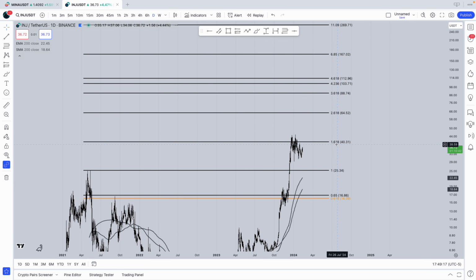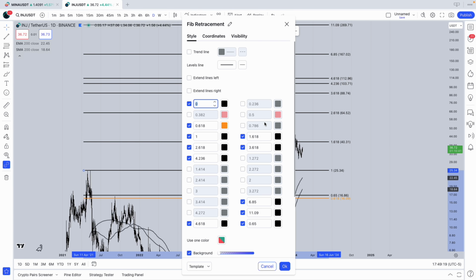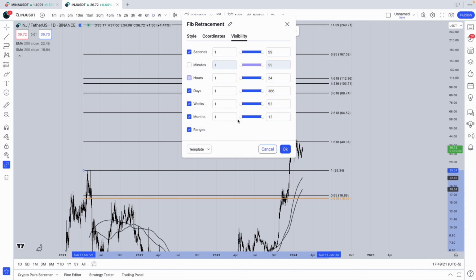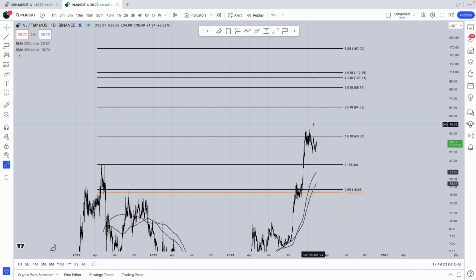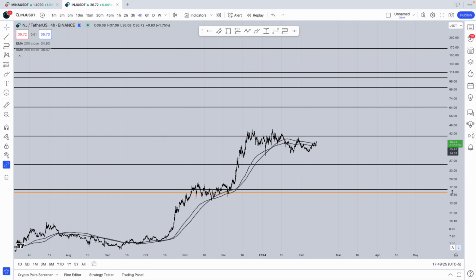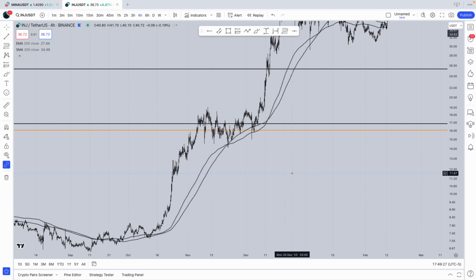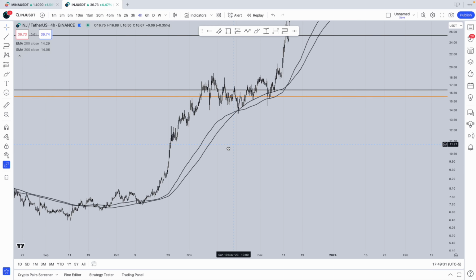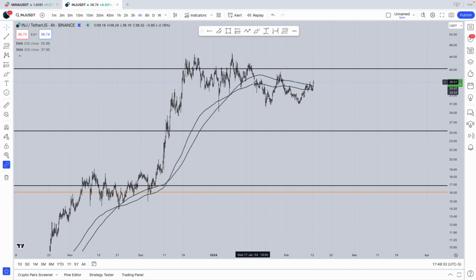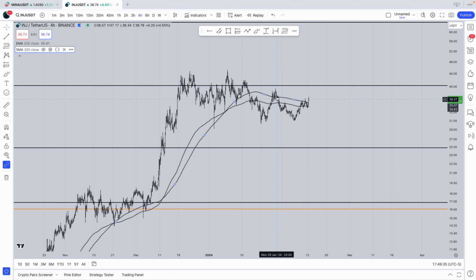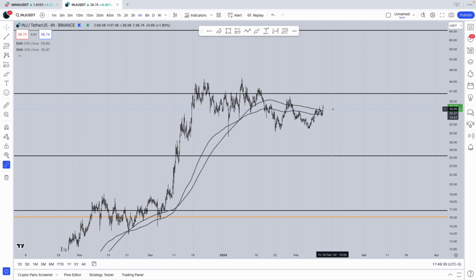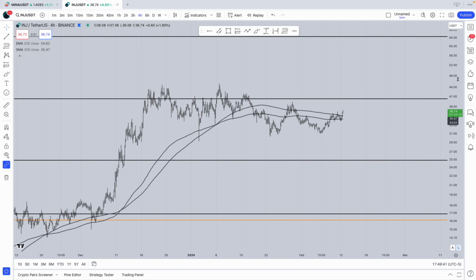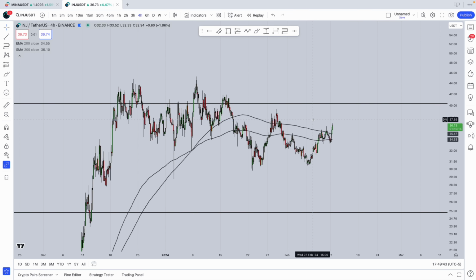So if we switch back here, let me make this visible on the hourly. There we go. Okay, so let's go back to 4-hour time frame here. So as you can see, the 4-hour 200 EMA and SMA are very cleanly respected here. So you can see once we lost them here, you would flip bearish, but now price has reclaimed the trend here. Okay.